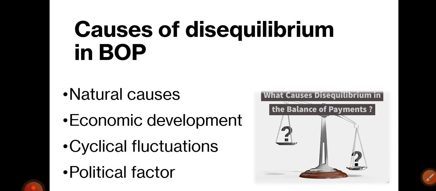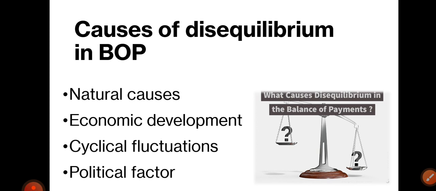Natural cause means natural calamities like famine, floods, etc. that may cause disequilibrium in BOP, because these calamities may result in reduction in production and export and increase in imports. During floods or famine, we have to import food or other things from other countries. So this may be one of the causes of disequilibrium in BOP.